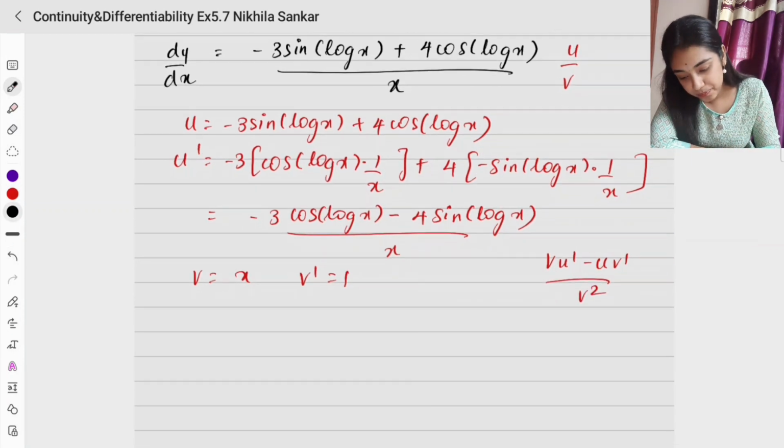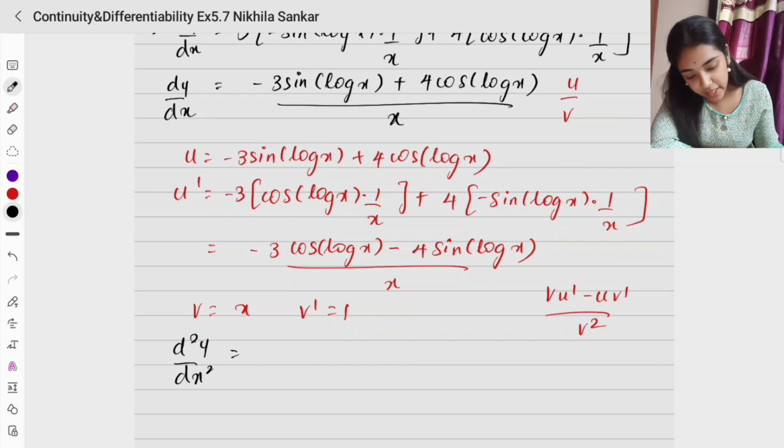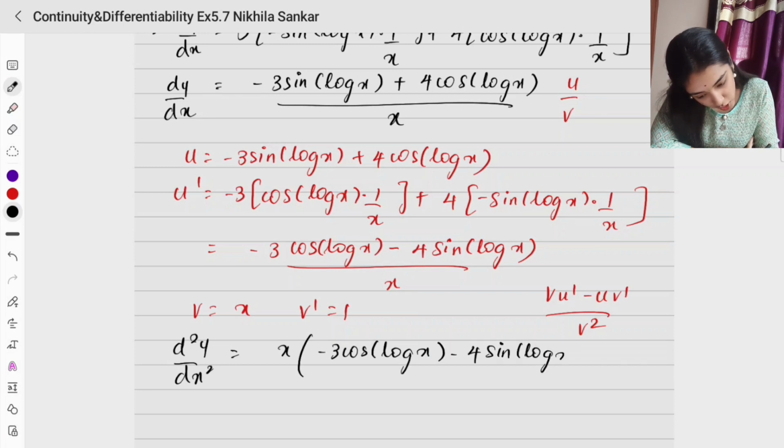Substituting into the formula, d square y divided by dx square is d by dx of the whole term. So, what will we get? v u dash, which is going to be x times minus 3 cos of log x minus 4 sin of log x divided by x.